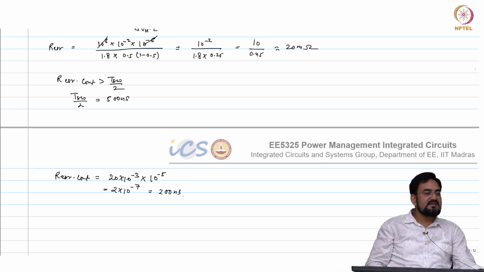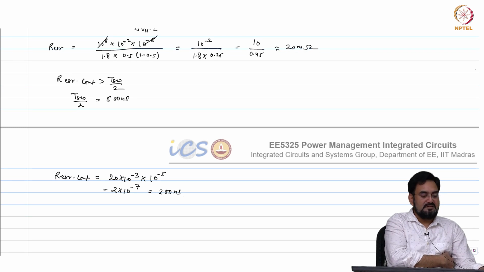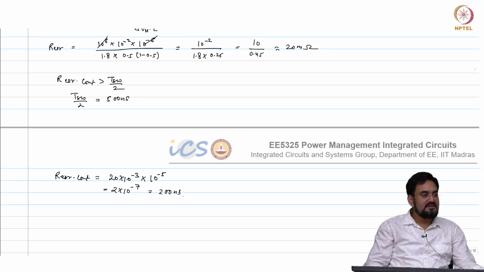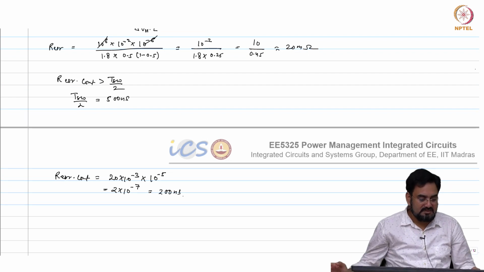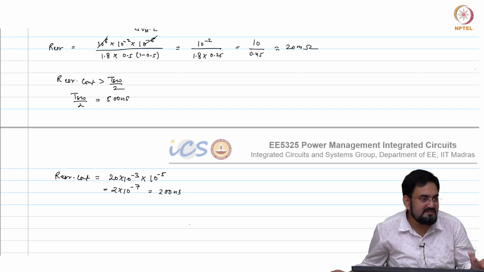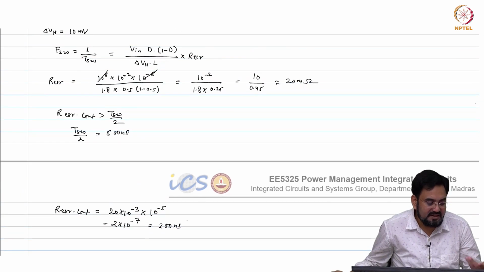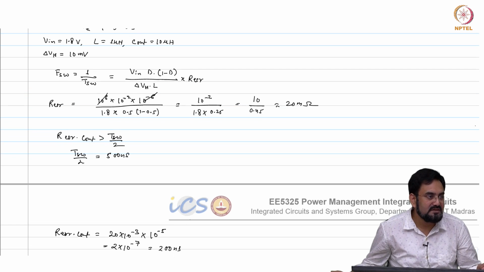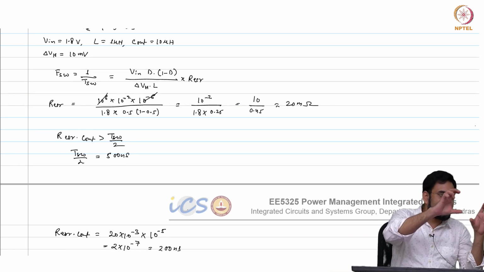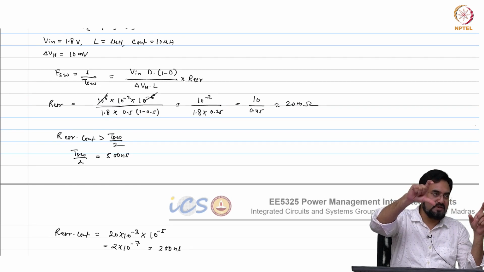So this doesn't meet that condition, which means you have to increase either Cout or RESR, and then your frequency will change. If I increase the C, because my frequency is not depending on C here, it may depend, but we are considering that component, the ripple due to cap only, is very small.